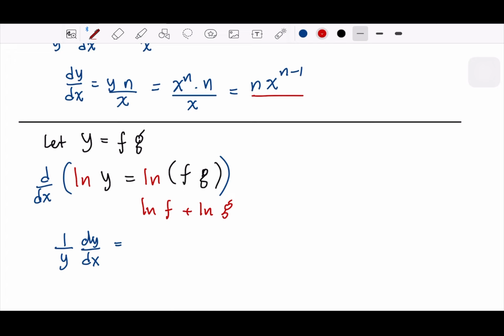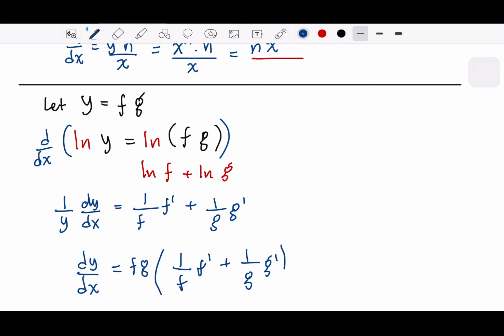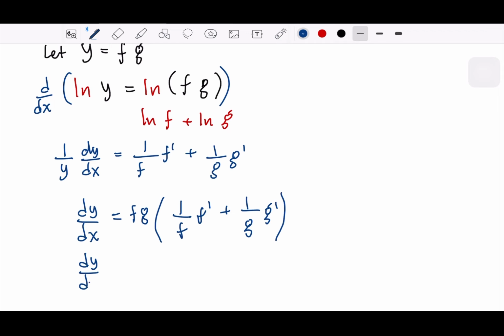So it will be 1 over f, and then by the chain rule, f prime, plus 1 over g, and then g prime. And then dy over dx becomes, we need to multiply all by y. y is f times g. So you have f prime g plus g prime f, your product rule.